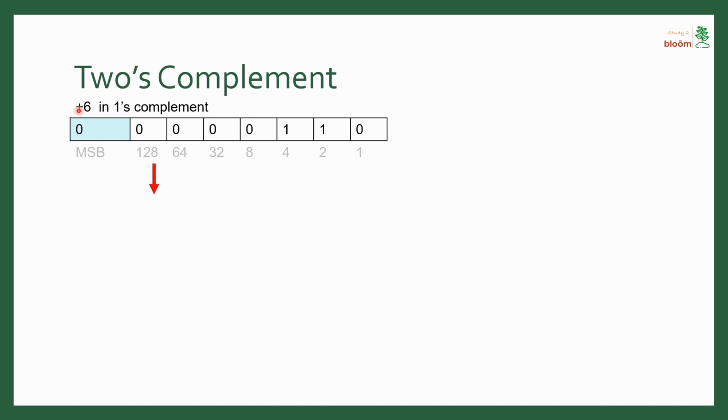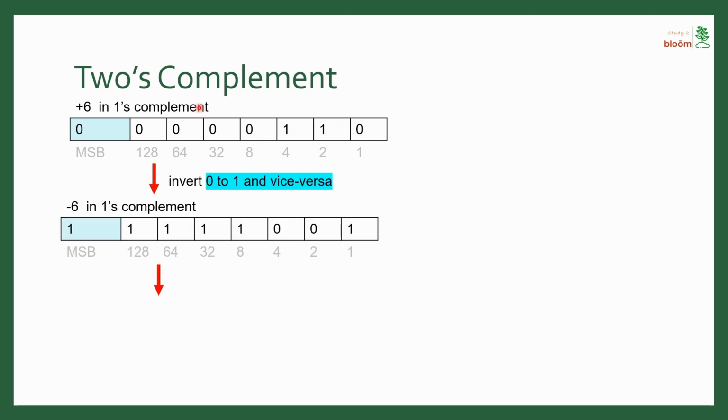We have plus 6 represented in 1's complement in this way. Most significant bit 0 and the absolute value is represented in the remaining bits, 110. The remaining bits are 0. Then to make it minus 6 in 1's complement, we invert all the bits, 0 to 1 and 1s to zeros.